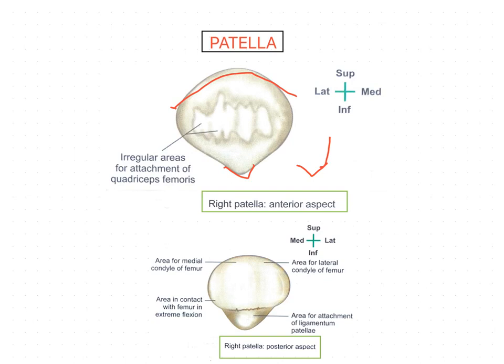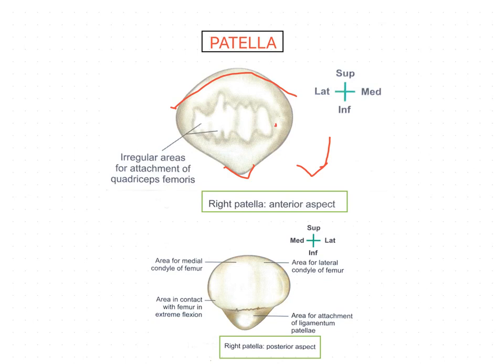So here this one is the anterior aspect and this one is the posterior aspect. Next, the anterior surface is rough and non-articular.